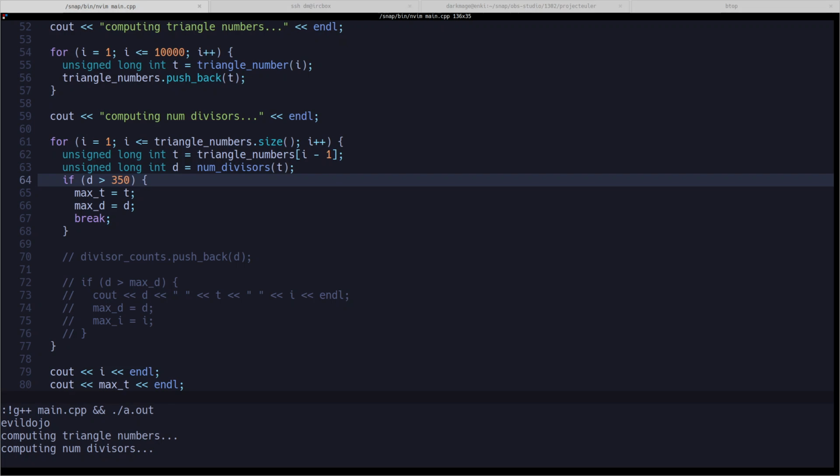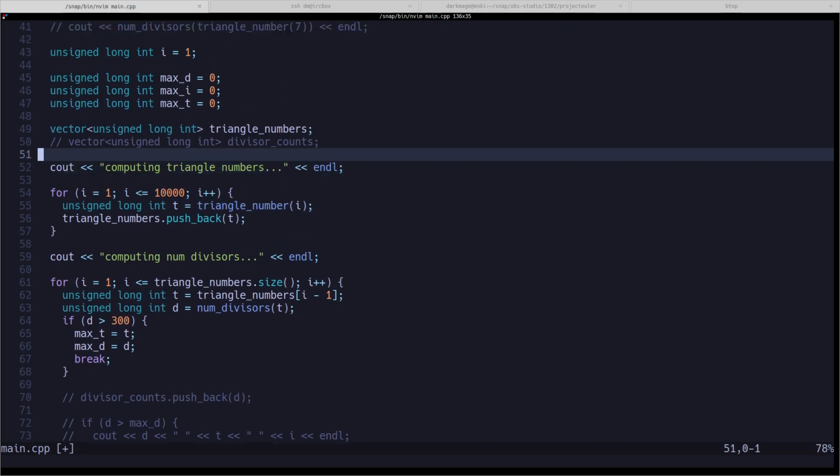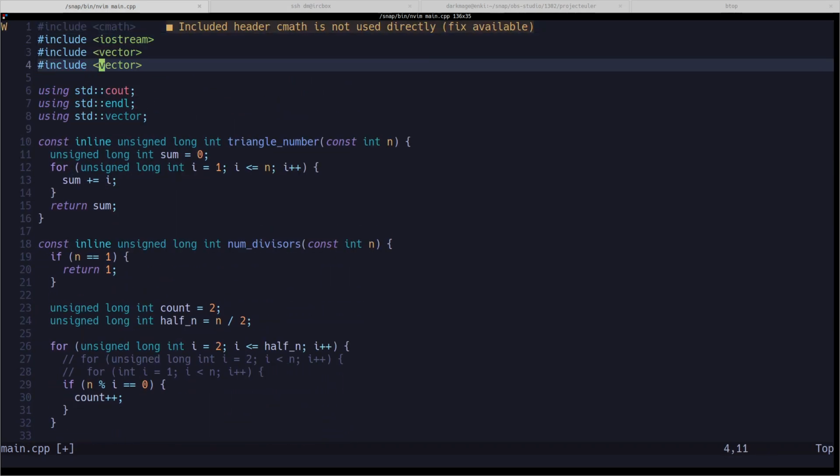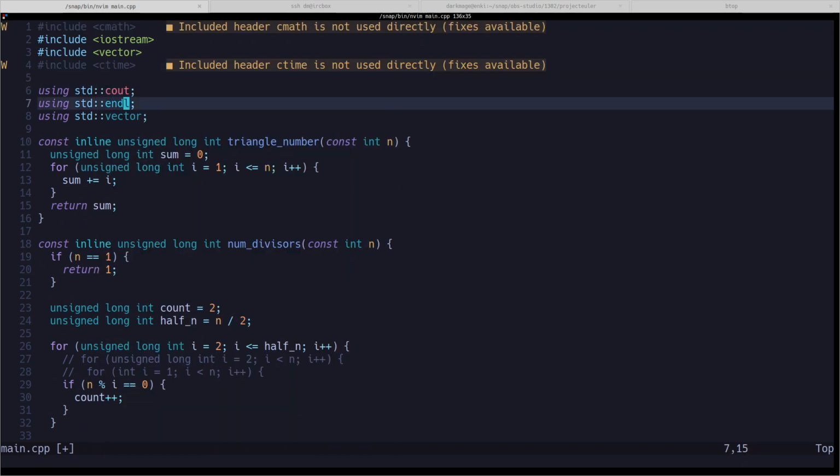And honestly, for the amount of time that we're waiting, we are interested in keeping track of this stuff.